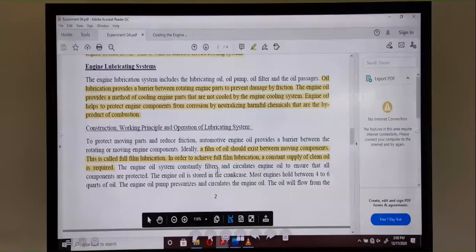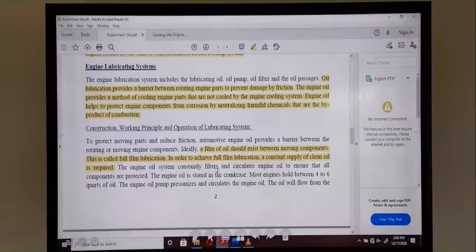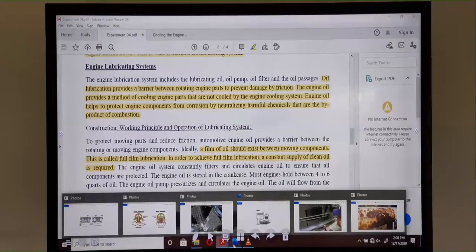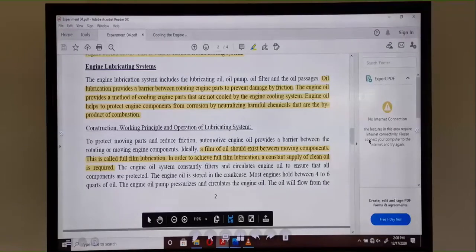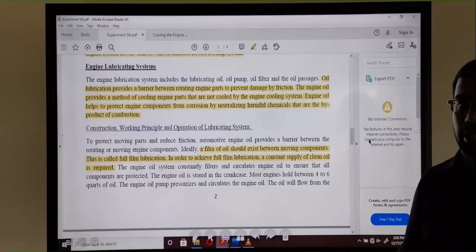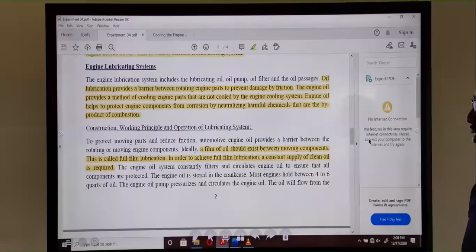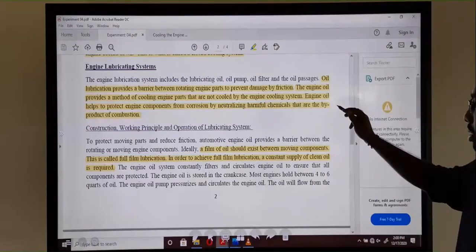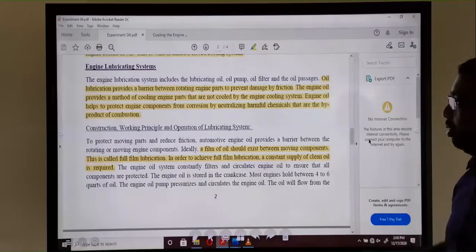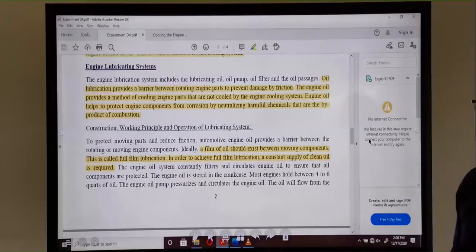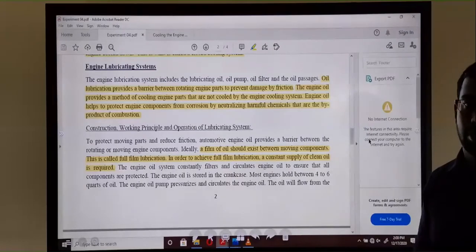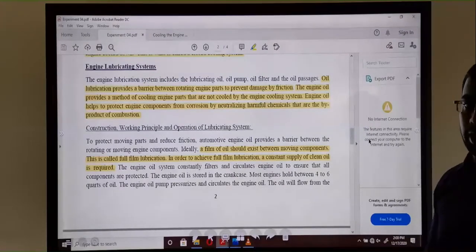Now we study the lubrication system, engine lubrication. What is lubrication? Why is lubrication used in an automotive engine? Because mostly the automotive engine works mechanically.